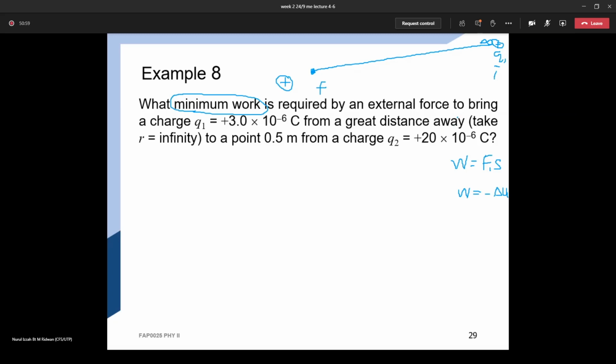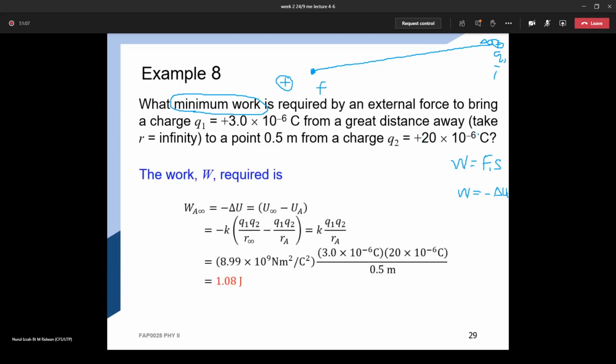The small charge is 3 microcoulomb, and then the second charge is 20 microcoulomb. So how do you do from here? Then the work done is equals to negative delta U. So how do you bring to this calculation? So delta U means final minus initial.